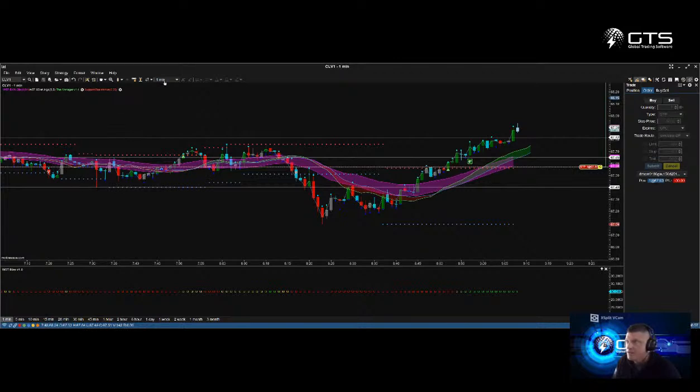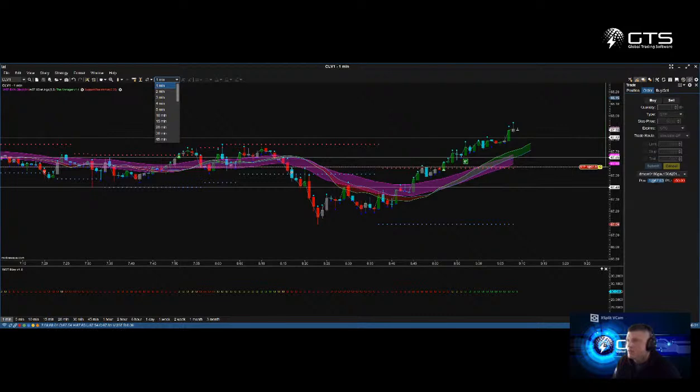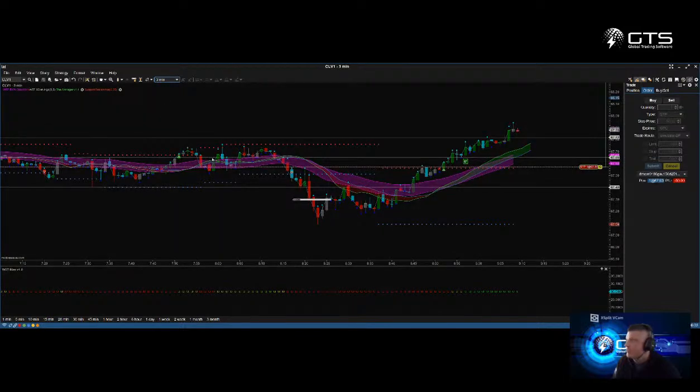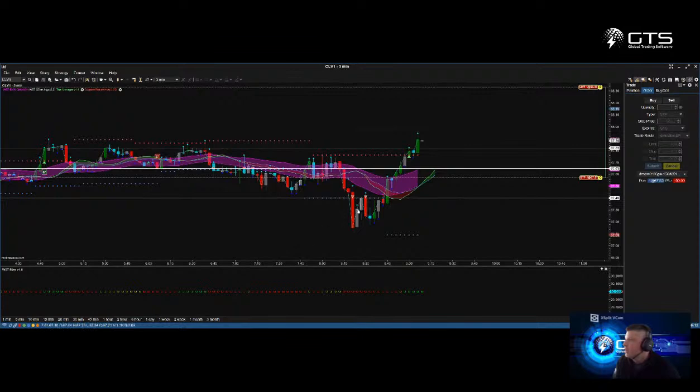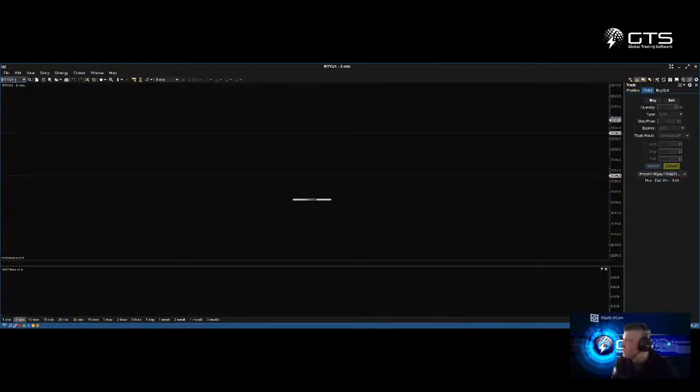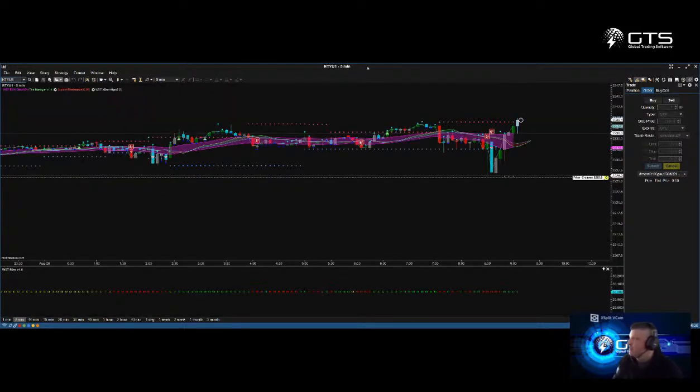All right, RTY is on the move as well. Tell you what, let's look at this 3 minutes here. All right, so yeah, 3 minutes looking really good here, looking juicy. All right, RTY, I got a notification that it crossed one of my zones here on the upside.